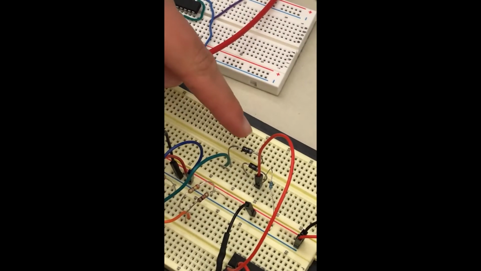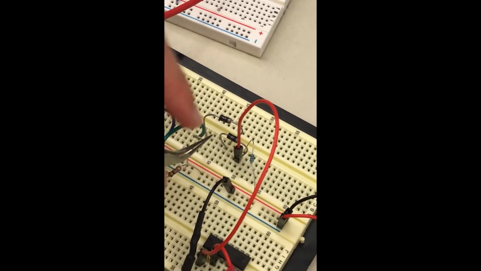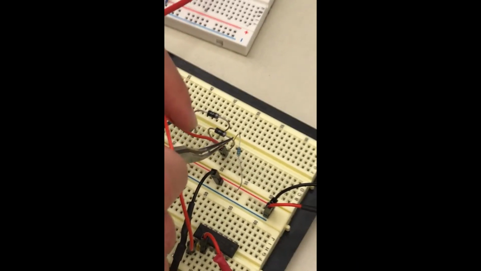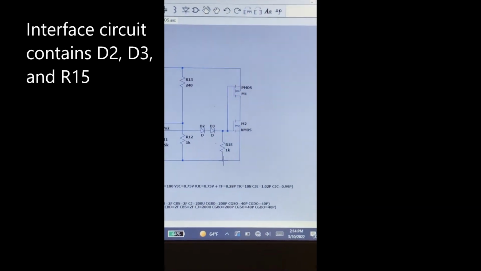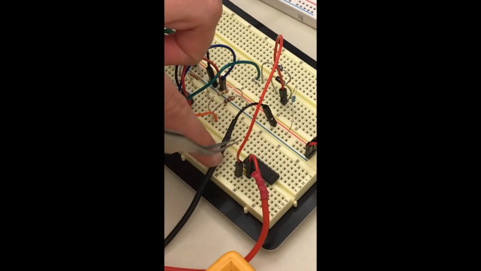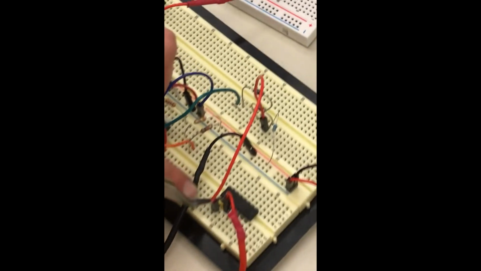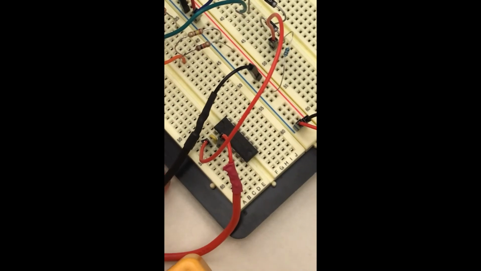This green wire goes to a diode, which is in series with another diode, and they are connected to a 1K ohm resistor, which is here. The other end of the 1K ohm resistor goes to ground, and on the same node it goes to the input of the CMOS, at pins 1 and 2, which are connected as the input, and then we are measuring the output.